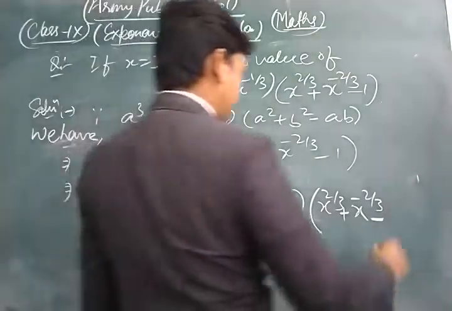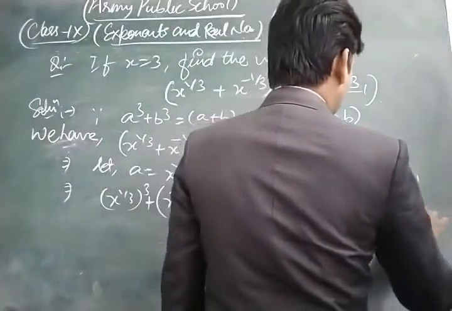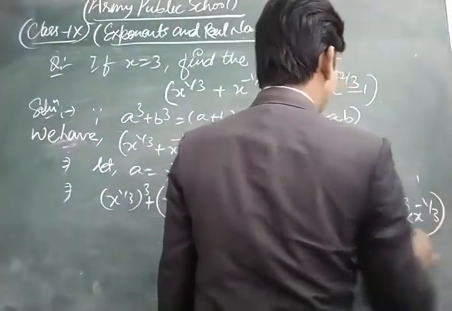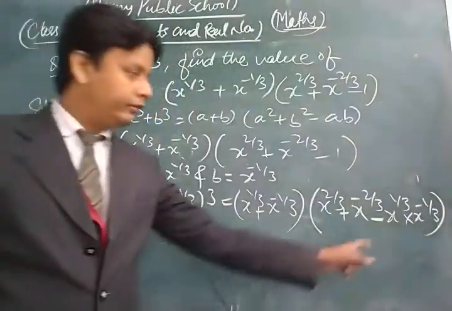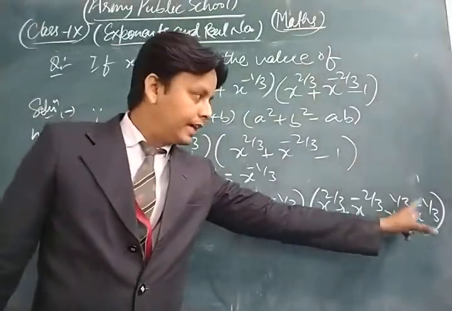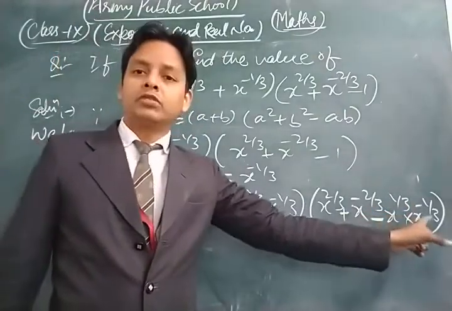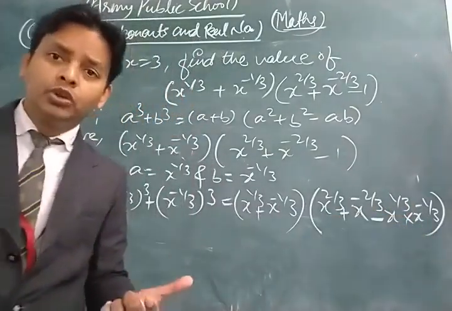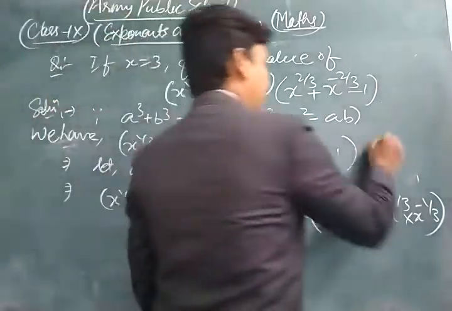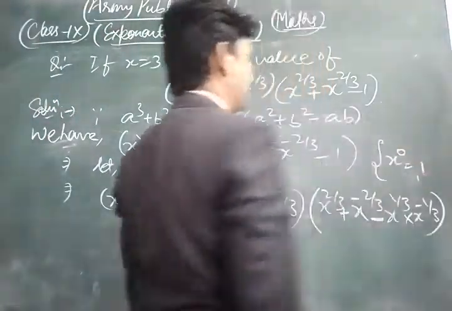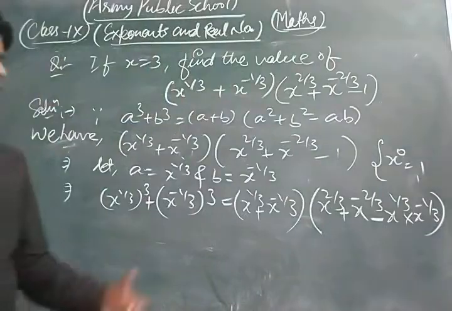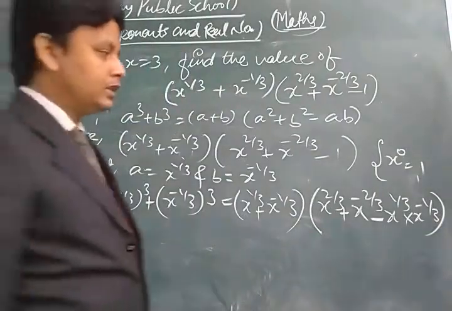A into b means x power 1 by 3 into x power minus 1 by 3. Because if we multiply them, then we add their powers, so minus 1 by 3 and plus 1 by 3 gives 0. Any value with power 0 is 1. So that is 1.